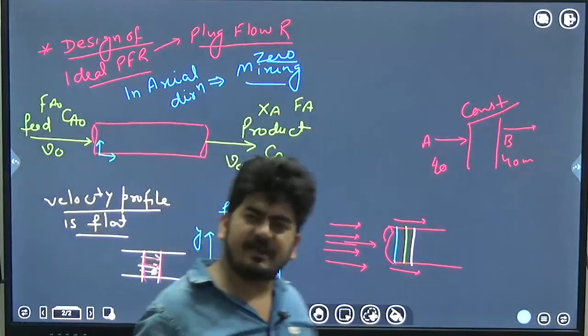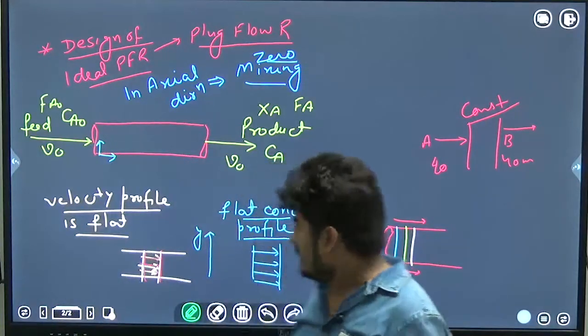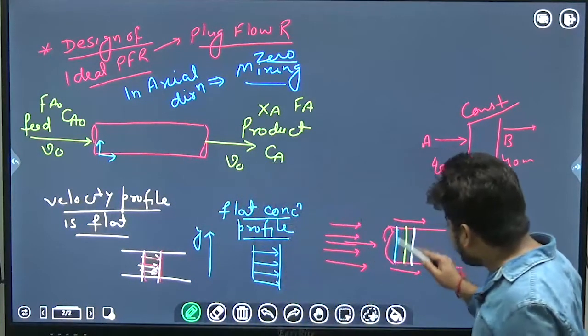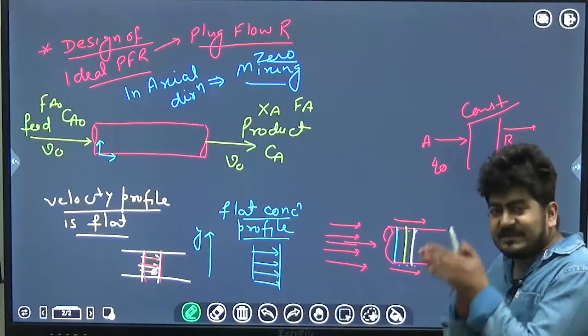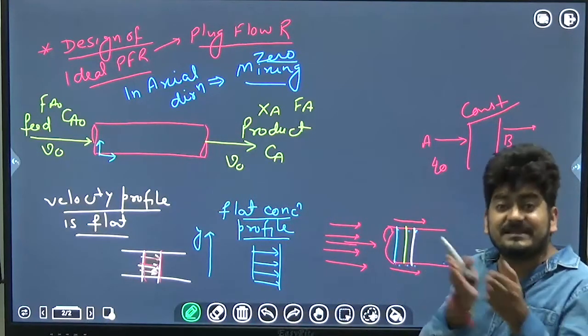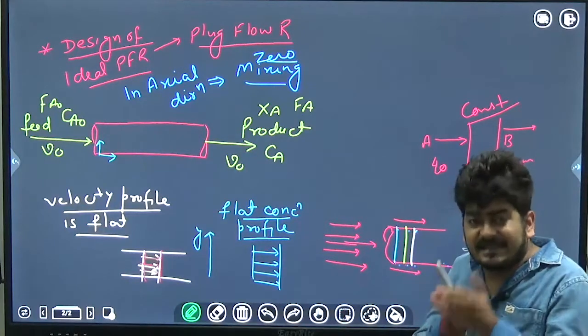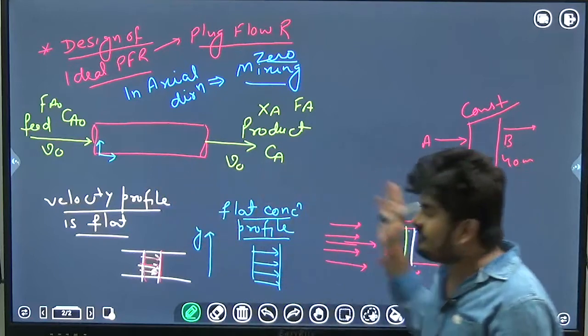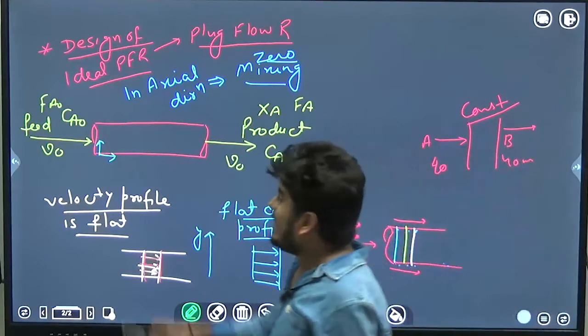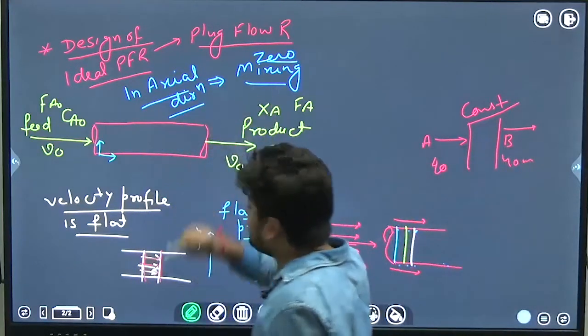What is mixing? Interaction of 2 or more molecules. And as these 3 consecutive layers are moving with the same velocity, the distance between them will remain the same. And as these layers are not interacting with each other throughout the length of the reactor, we can say that in the axial direction the mixing will be zero.